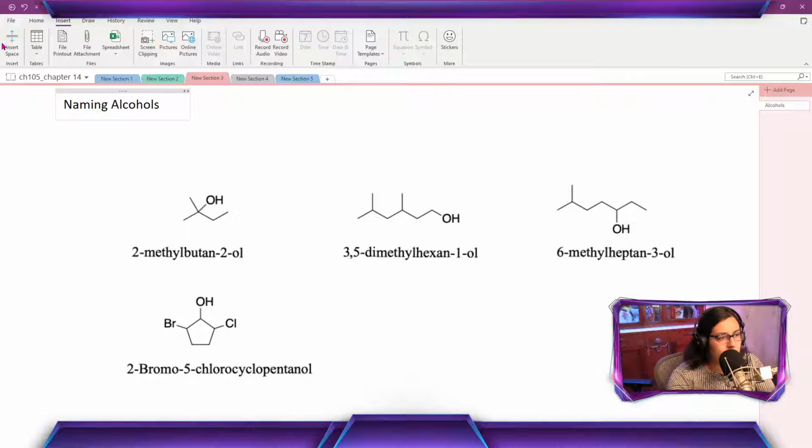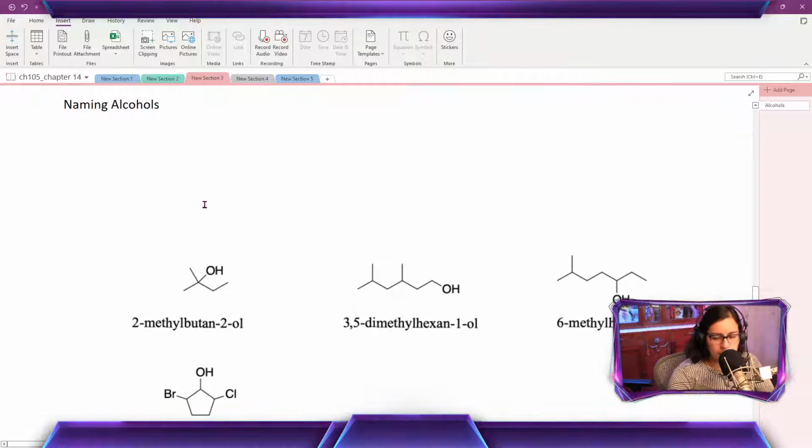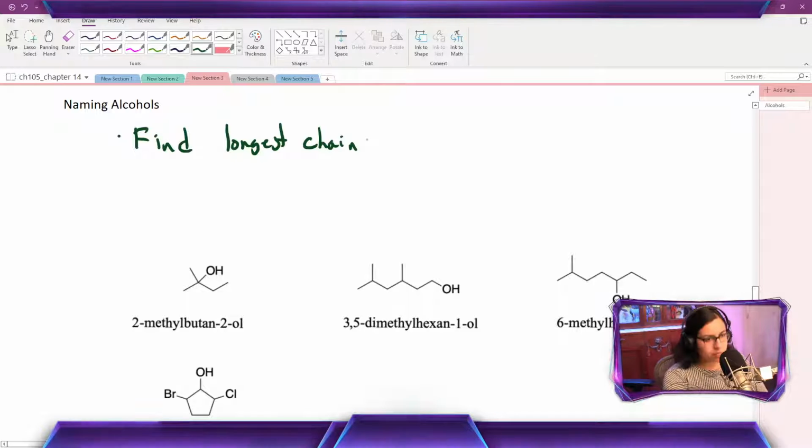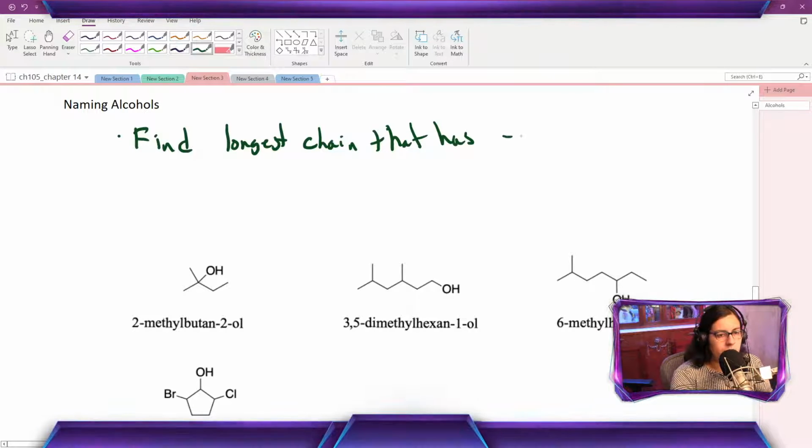Our naming rules are very similar to everything we've been following before, so if you've been keeping up, there should be no surprise. The first thing is we need to find the longest chain that has our alcohol.